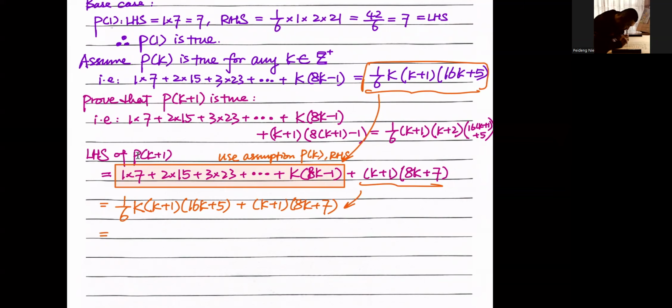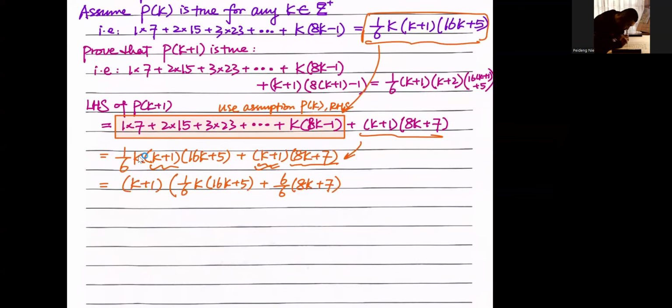And you could actually take out a common factor, say, k plus 1. And that's 1 over 6 times k(16k plus 5). And you could actually write the other term like 6 over 6 times (8k plus 7), something along this line, all right? The next thing is to show explicit manipulations for the rest of the term.